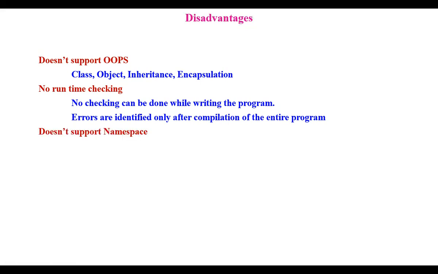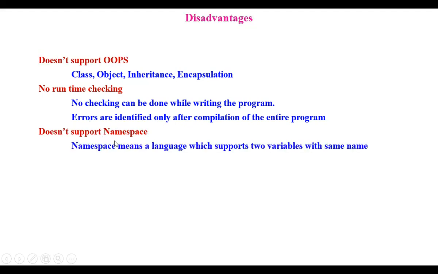It doesn't support namespace. Namespace is a concept where a language supports two variables with the same name. Suppose we have a variable named A. This A may be an integer, or have decimal points, or be a character.